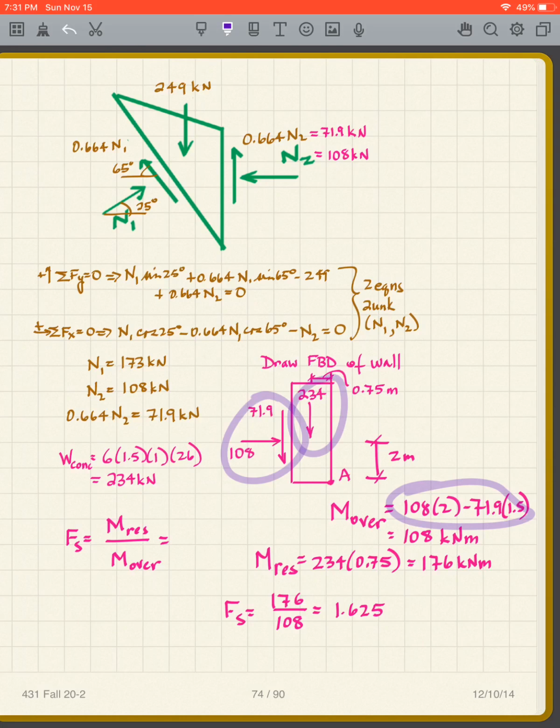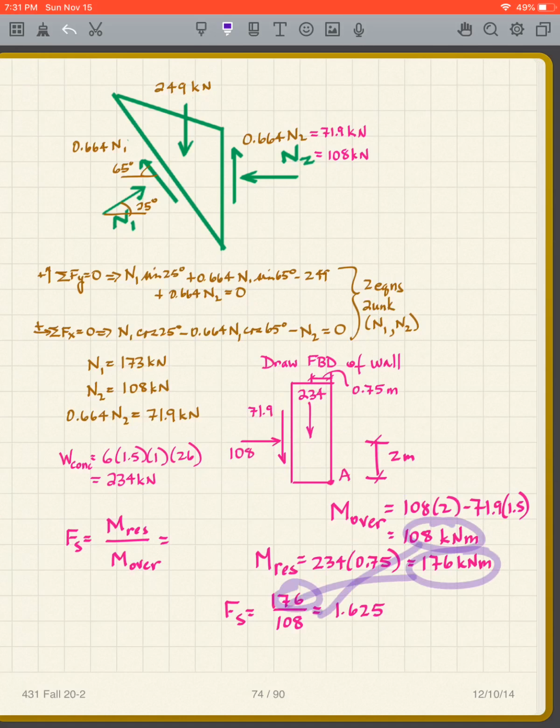And then my resisting is simply the weight of the wall. We've done this enough times, so I'm not going to go through it. But we end up with resisting of 176, an overturning of 108, and we get a factor of safety of 1.625.